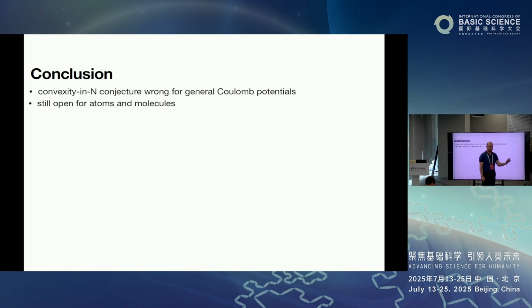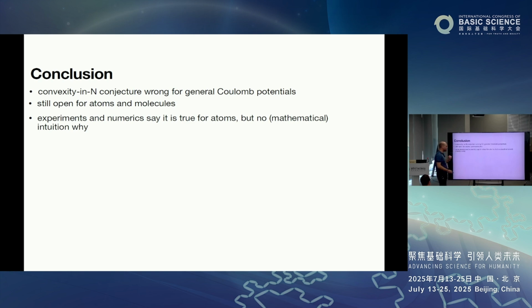Experimentally, we know that it works for atoms, and numerically too. But when you start studying molecules and do numerics for molecules, we find that this conjecture does not work, and we do not know if this is related to the specificity of the computational method used for computing the energy of molecules, or if it is really not true for molecules. So we still do not have a mathematical intuition of why it's working.